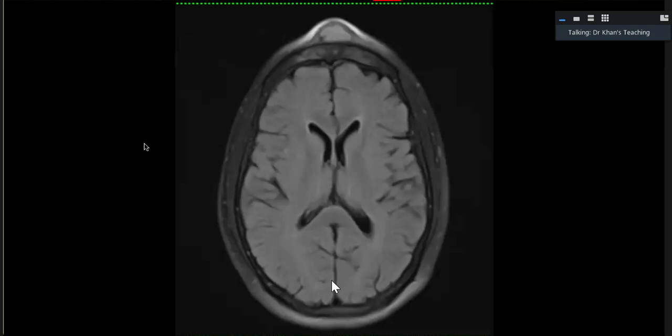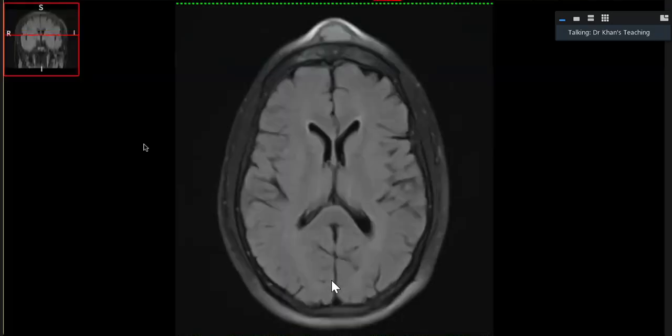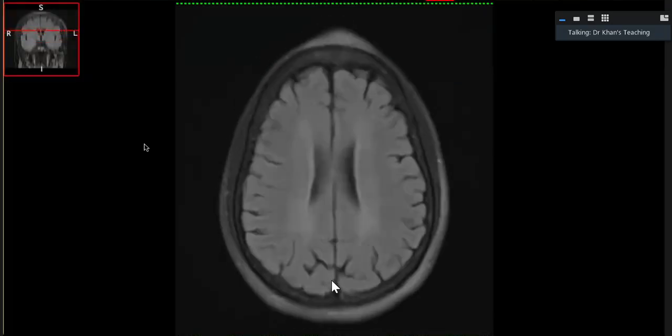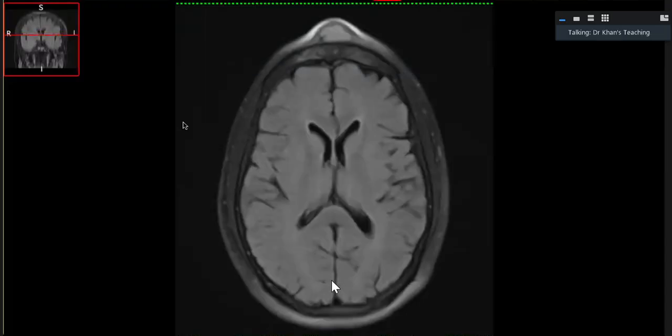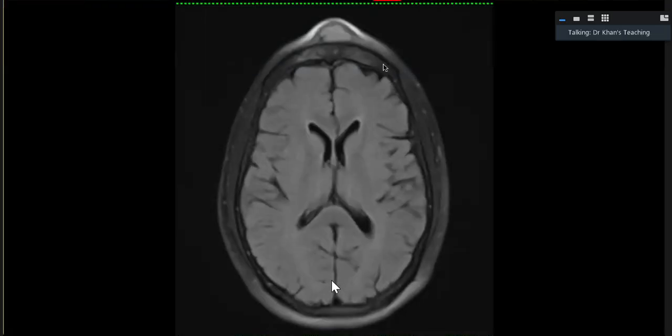This is a flare sequence, and I think when you were describing it, you did mention in your description that on this flare, it would have been better to say in the beginning that this is a flare sequence on which we can see. Now, if you see here, the key point is to look at the bone marrow.